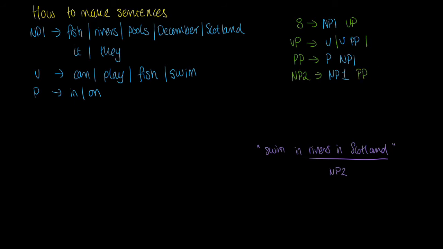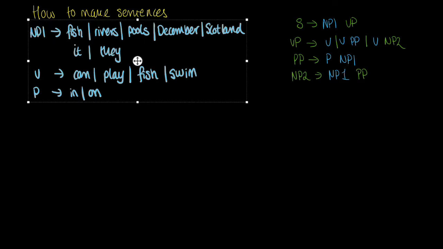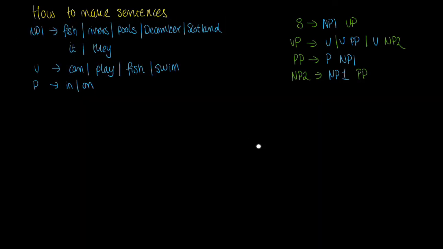And then we can extend what a verb phrase is by adding this last rule, saying a verb phrase can also be a verb followed by a bigger noun phrase. Now, the point isn't to teach you actual grammar here. That's the job of your languages teacher. Here, I'm just trying to show how some seemingly simple rules, when combined in the right way, produce things which look like a normal sentence.